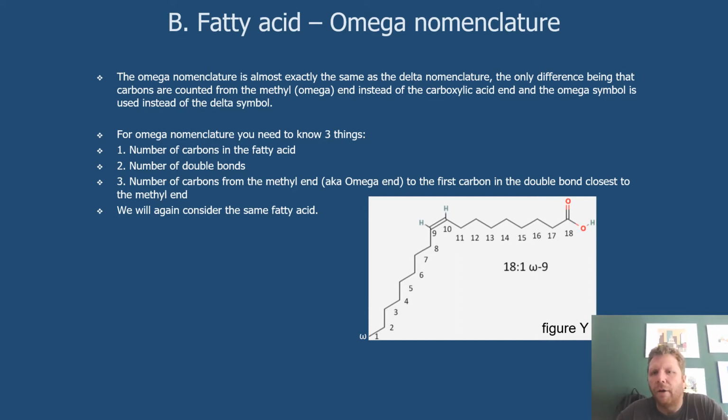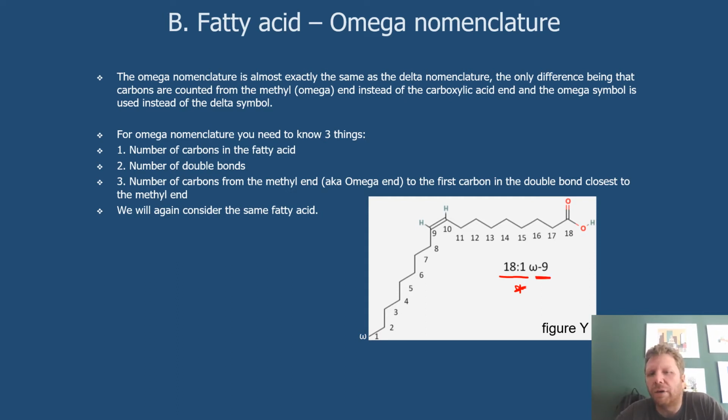Okay, now what's unique about this structure right here and the one that we looked at on the previous page, those two fatty acids look the exact same. The reason for that is because they are the exact same. Your numbering scheme happens to be basically the same because they're both 18:1. The last one was delta 9. This is omega 9.